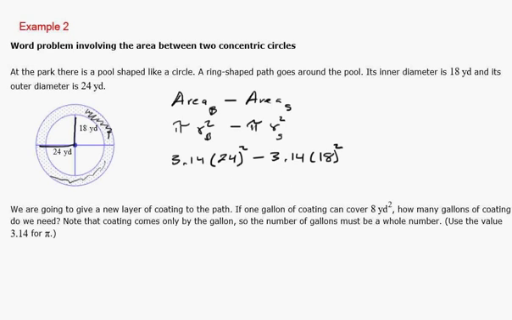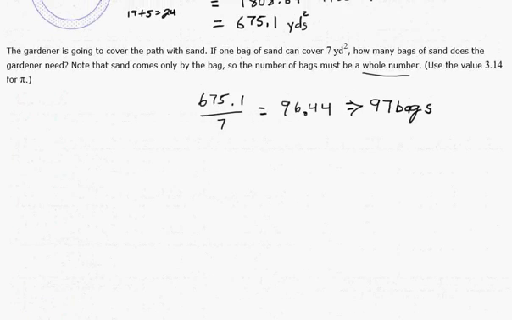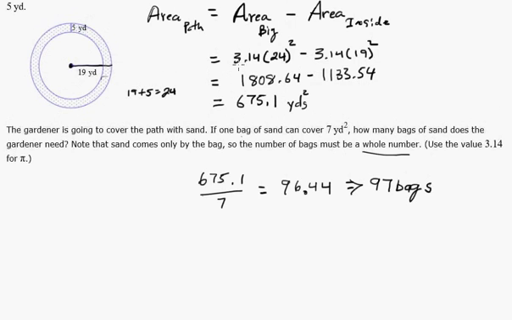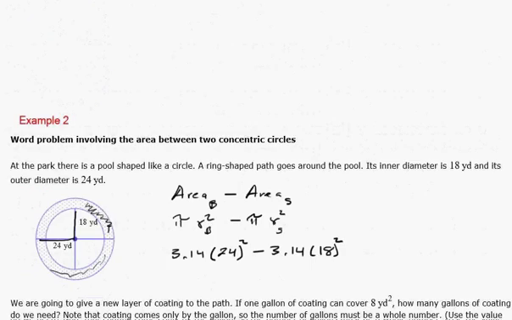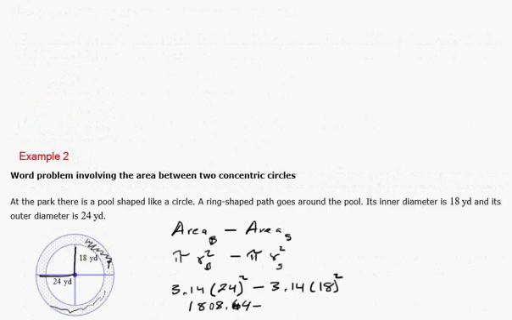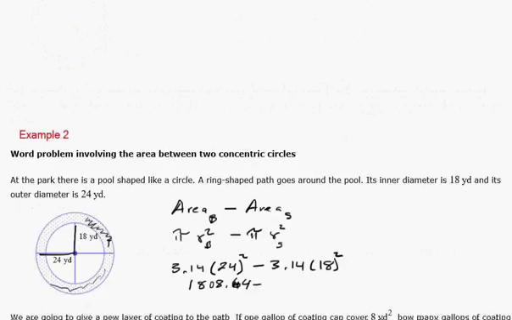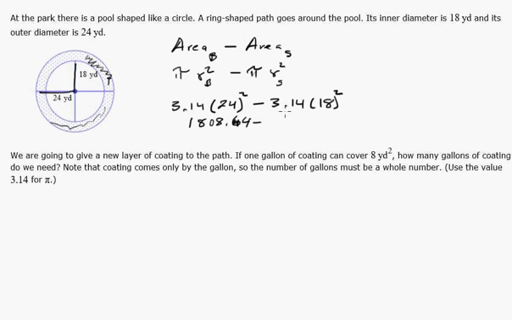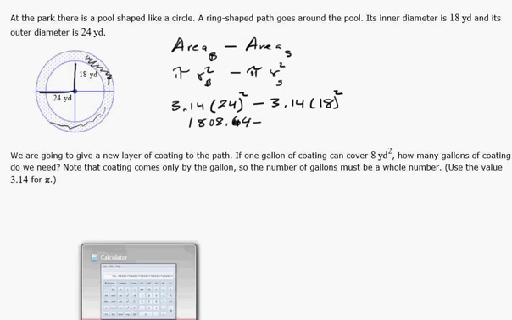That's almost the same as what we got up here. Yes, I'm going to reuse that. 3.14 times 24 squared is 1808.64. Let me double check. Yes, 64.